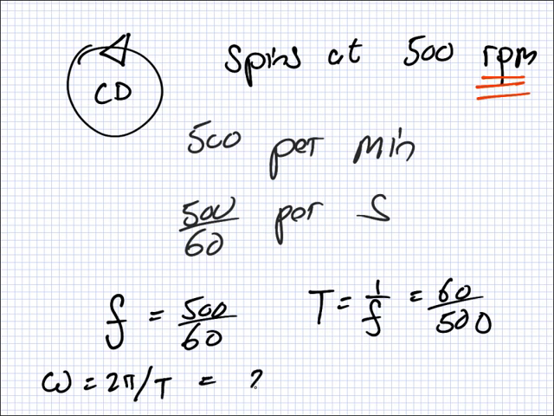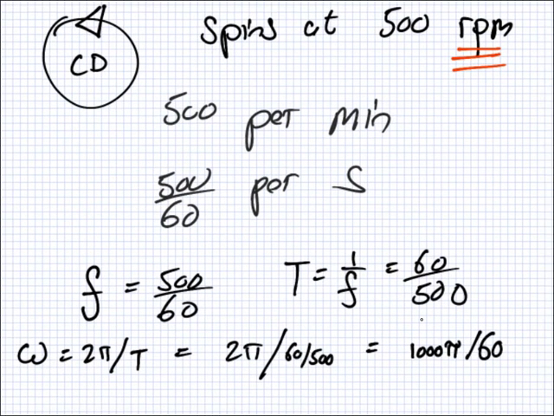So that's equal to 2 pi over 60 over 500, which is 1000 pi over 60. So what's that, please, on the calculator?